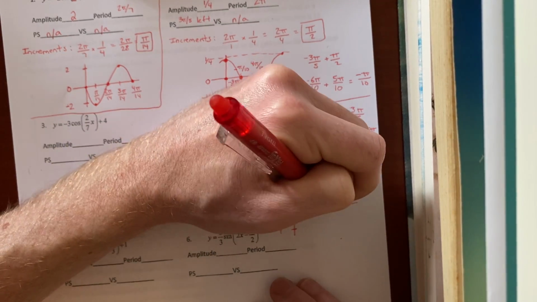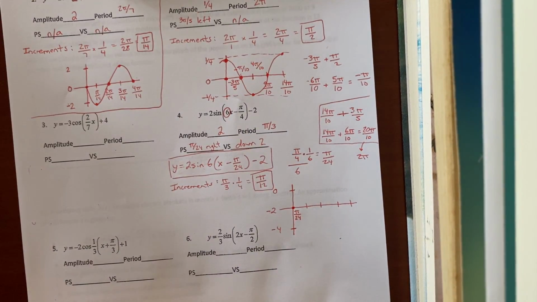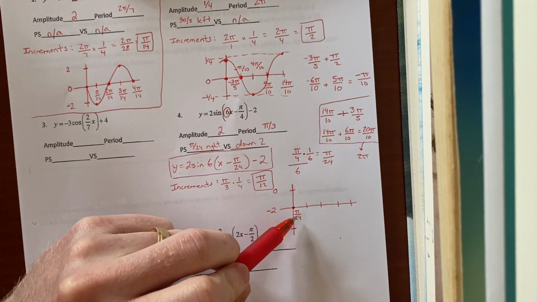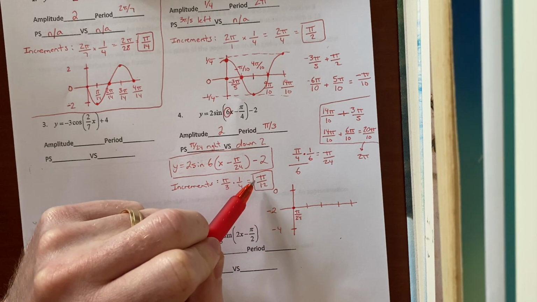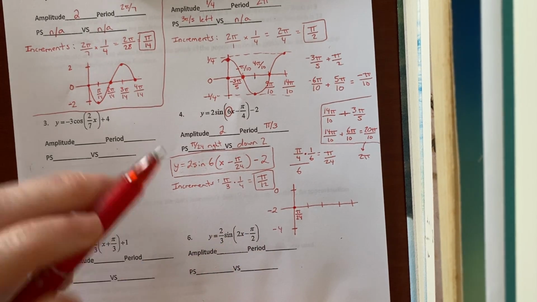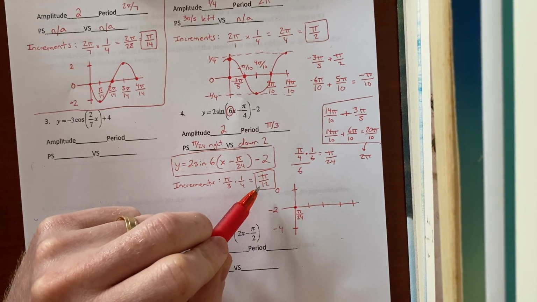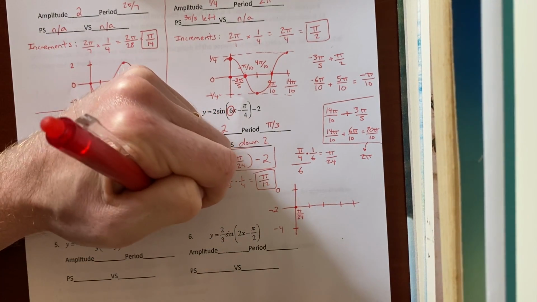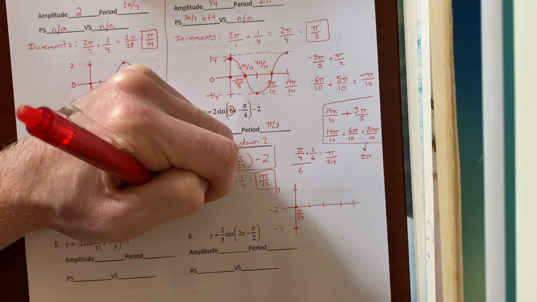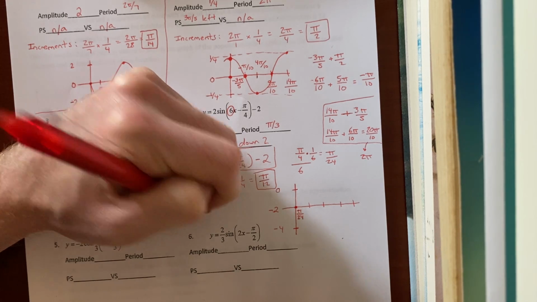And now I need to find those 4 more points. All I have to do is take my starting x value and add my increments. As it always is, it's difficult because they are not common denominators. The good news is it's pretty easy to get 12 to be a denominator of 24. So I'm going to take pi over 24 and add pi over 12.